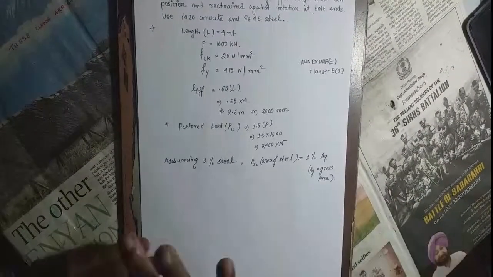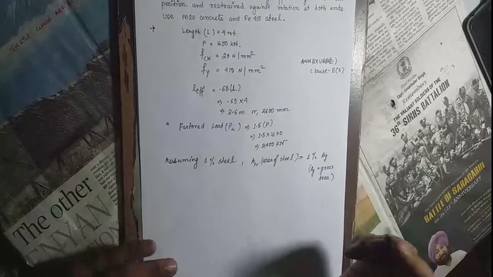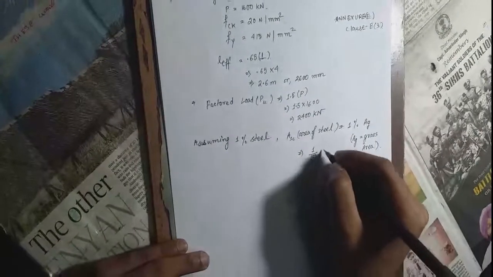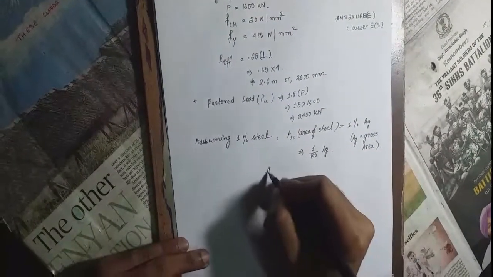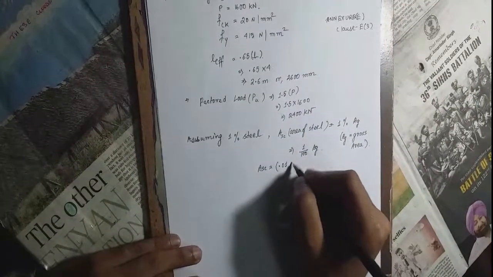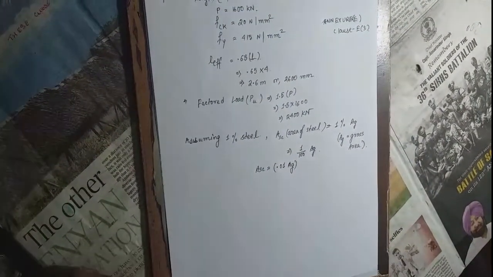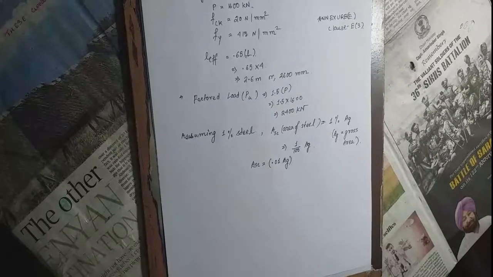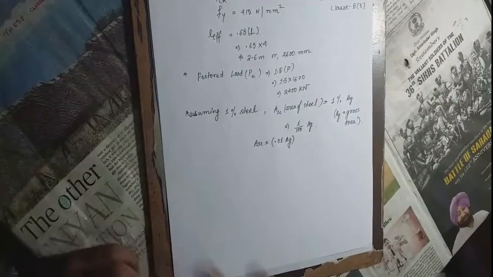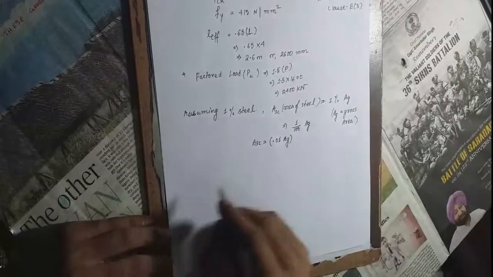Gross area means the total area, covered by the concrete and everything. So 1% we can take as 1 by 100 of AG. So we can take ASC as 0.01 of AG. Now what comes is the main equation that is required to design a column.